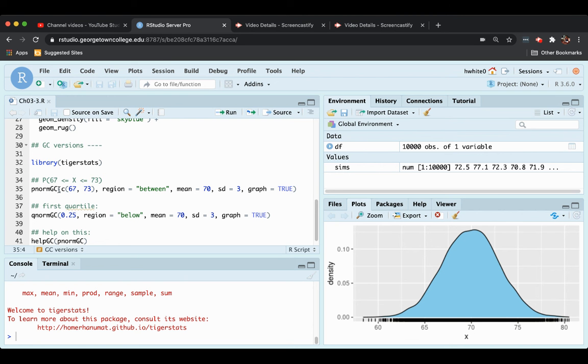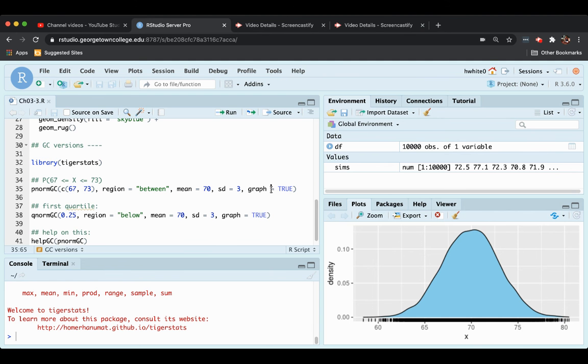Then you call up pnormGC, and you have to feed it the boundary values. They're stuck together with the c function here in R to make a little vector of length 2. And you have to say that you want the chance of coming in between them. So you say region is between. And then you can specify your mean and your standard deviation.